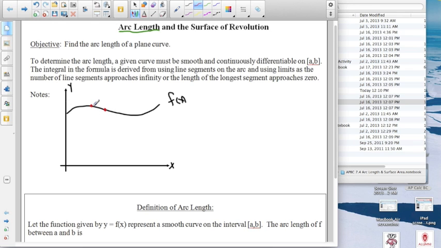Then if these 2 points are close enough together, or if the contour is such that between these points we can almost estimate the contour as a line, and that line's oblique in many instances.